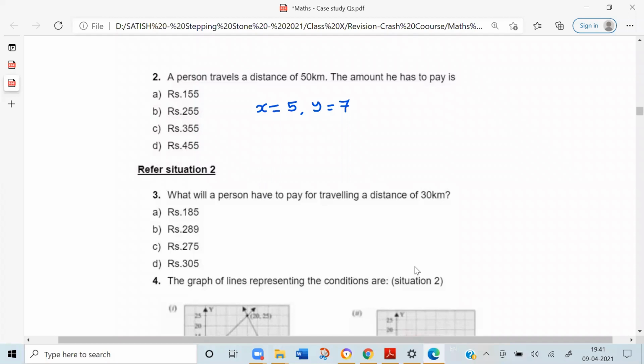Then what expression should I write? 5 plus how much? 50 into 7. 50 kilometers. So 50 into 7. What's the value? 355. So which option is it? Is it C?